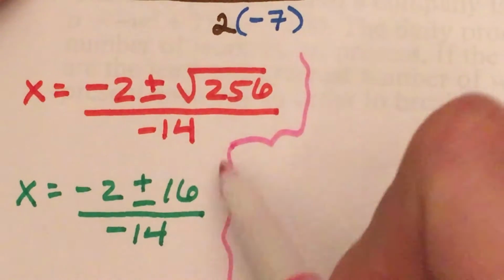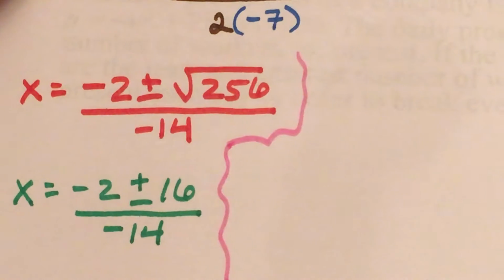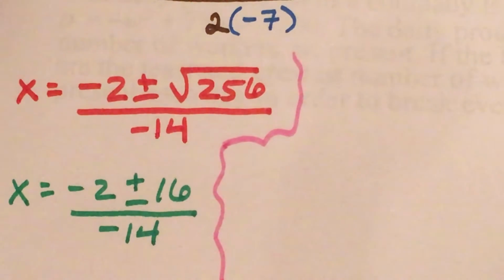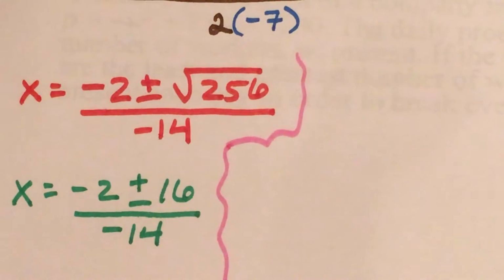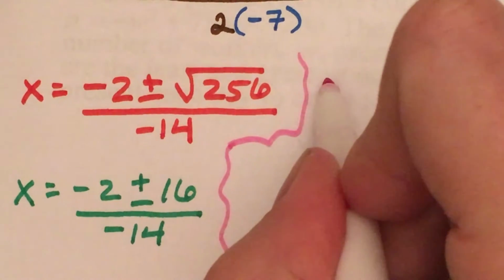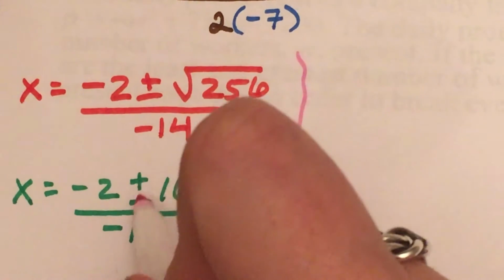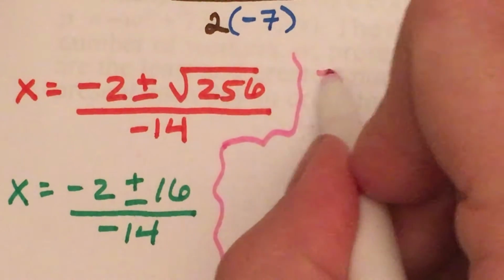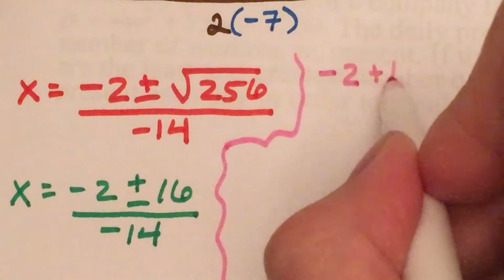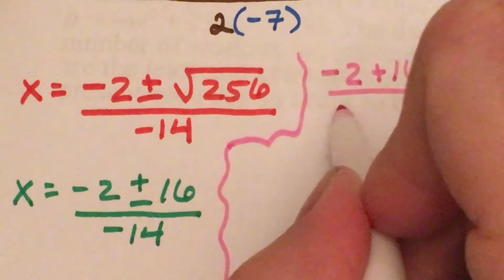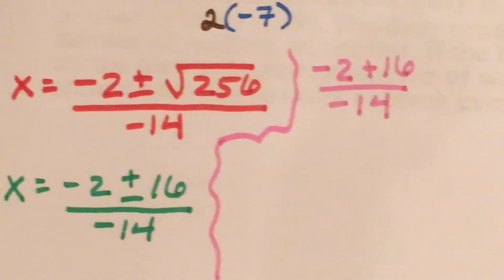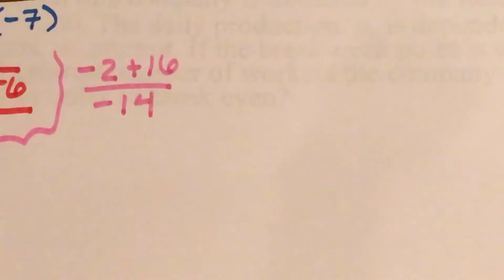So I've put this squiggly pink line here just to help section off space, and I'm not having work bleed into one part or another that it doesn't belong in. So we're going to do this 2 times. I have to deal with the plus and the minus. So -2 plus 16 divided by -14. Let's go use your calculator. It's your friend.